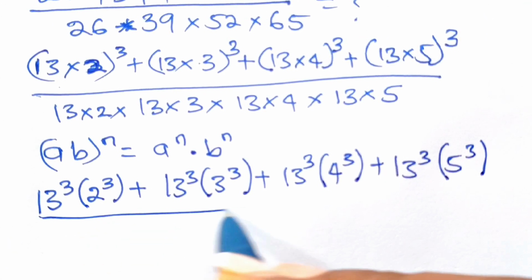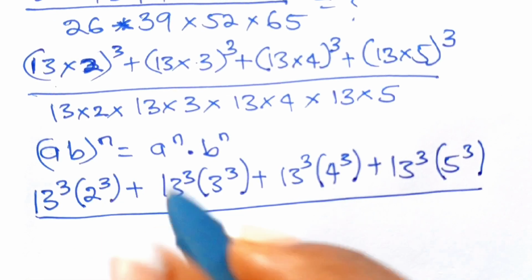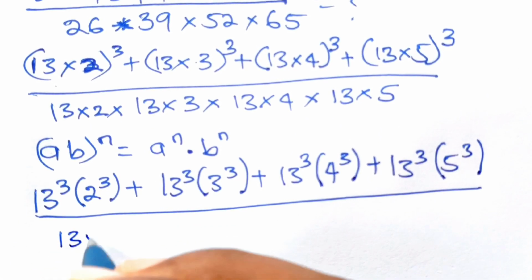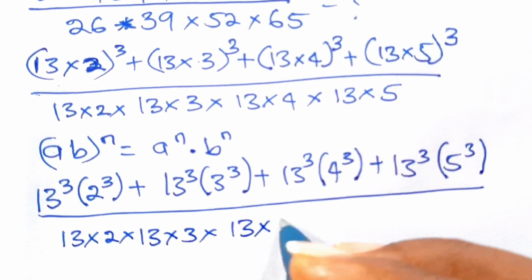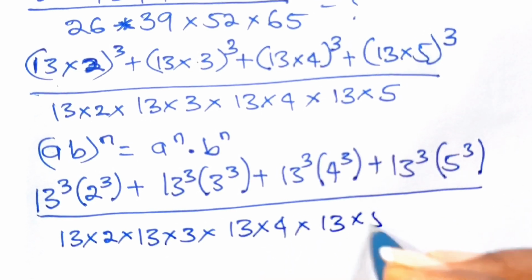Now divided by, we have 13 times 2 times 13 times 3 times 13 times 4 times 13 times 5.